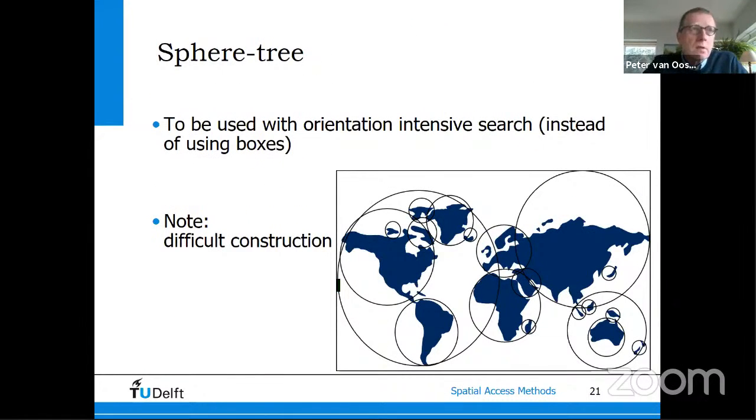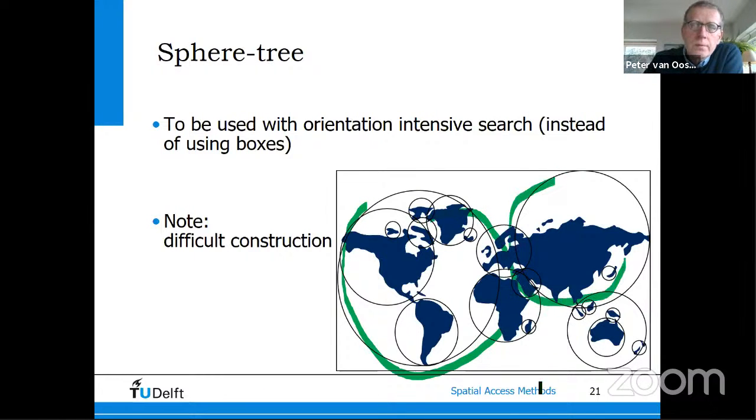But I thought, was it not better if you could have an index structure which has no preference for orientation? And I thought, okay, I can reuse the idea of the R-tree and make a kind of circle or sphere tree in 3D. And instead of bounding boxes, I take bounding circles and apply the same kind of rules. Have super circles that cover big objects, like over here, a number of big circles.